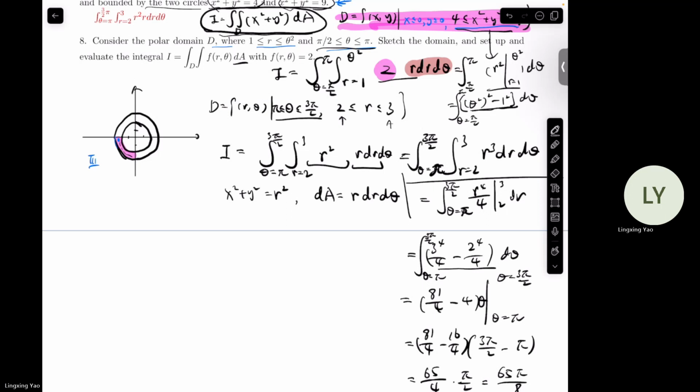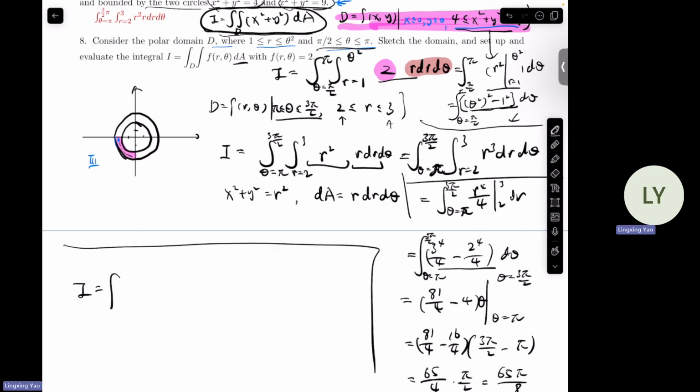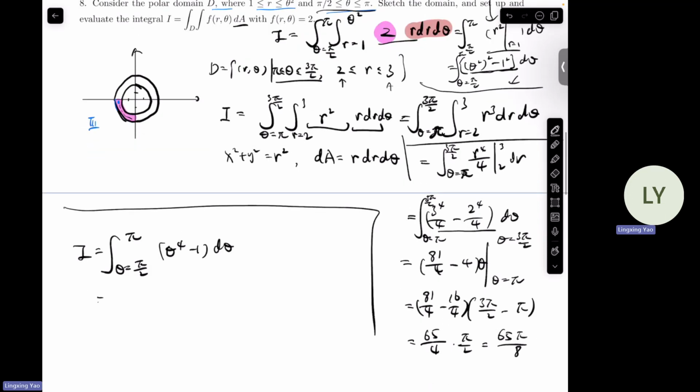And we have to find the antiderivative of this, which is a polynomial in terms of theta. We can figure this out, right? Well, how about we finish it here? So I equals the integral from theta equals pi over 2 to pi of theta to the 4 minus 1 d theta. The antiderivative is theta to the 5 over 5 minus theta.